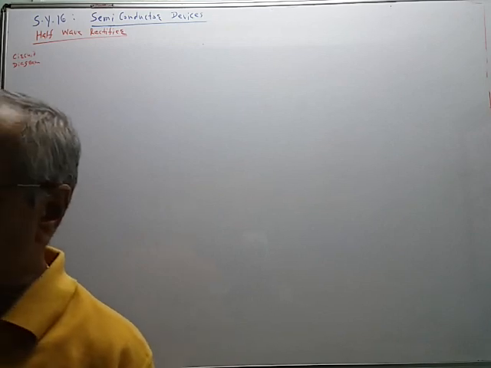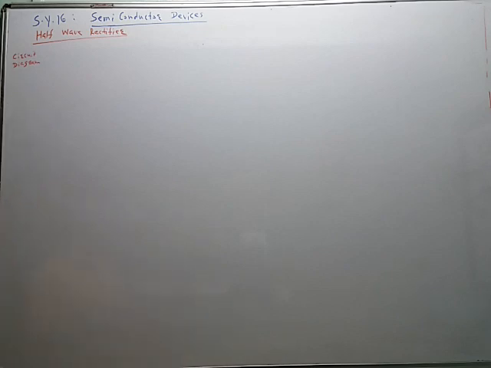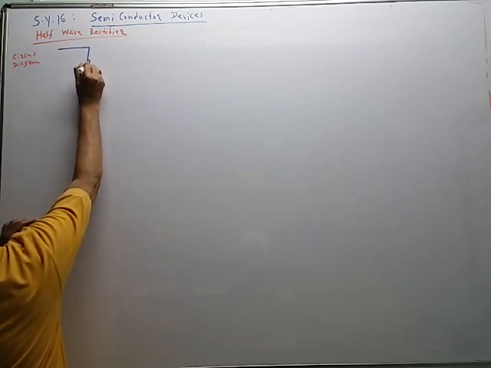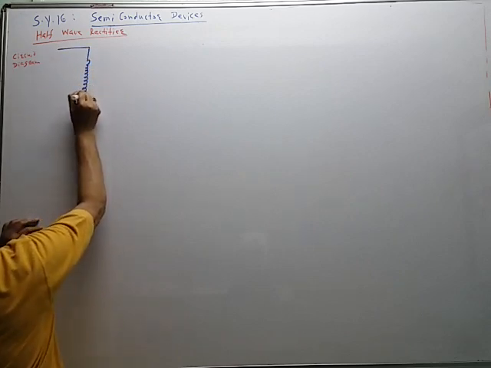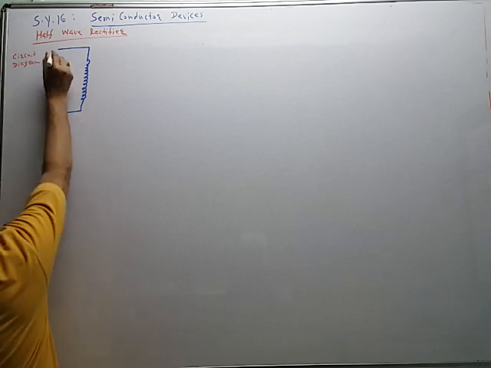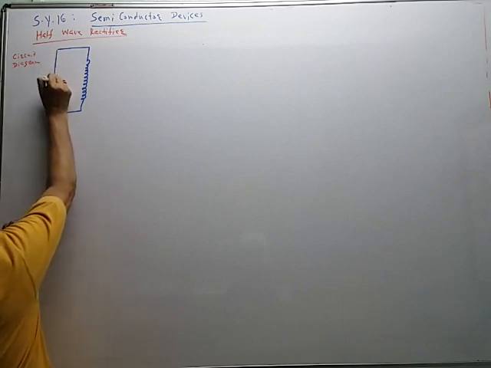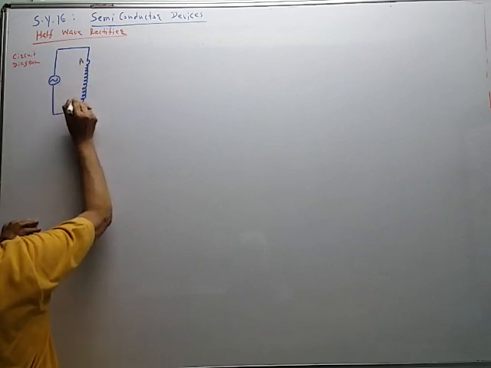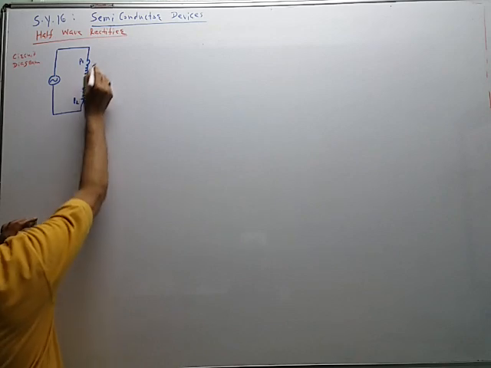So first I will show the step down transformer like this. So this is a primary coil having large number of turns. This is the AC supply. It has symbol like this. This P1, P2 is a primary coil.